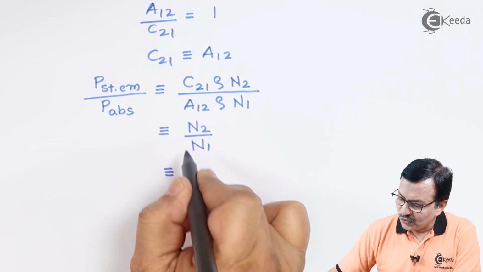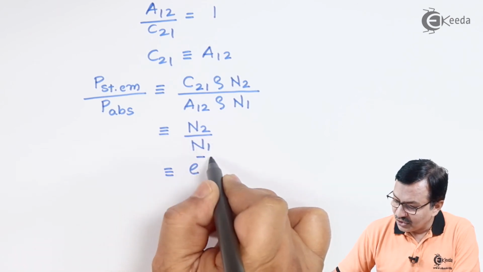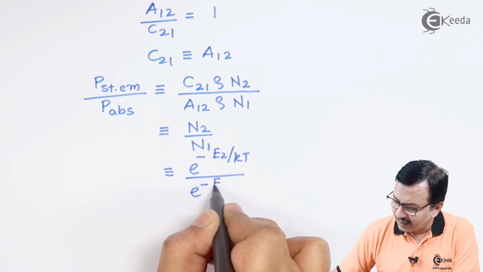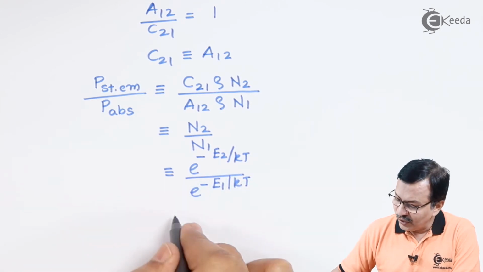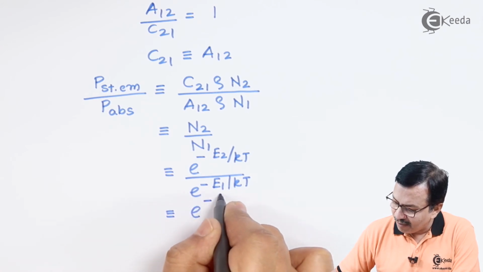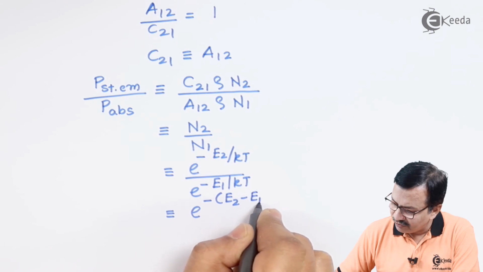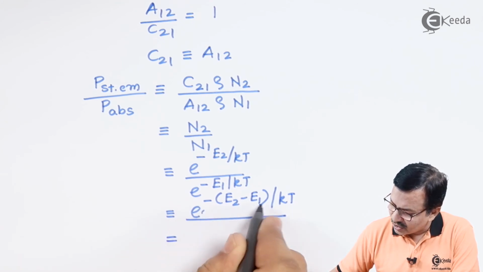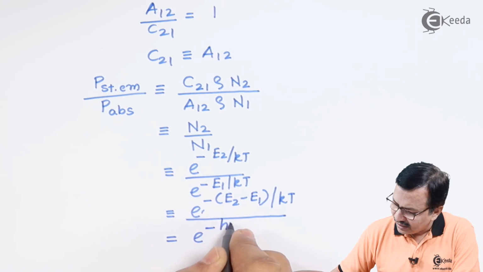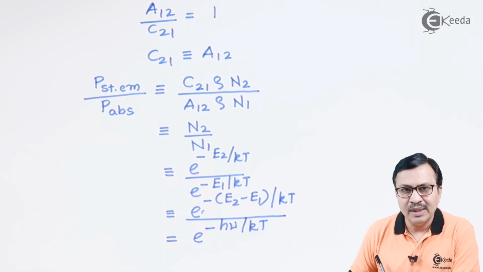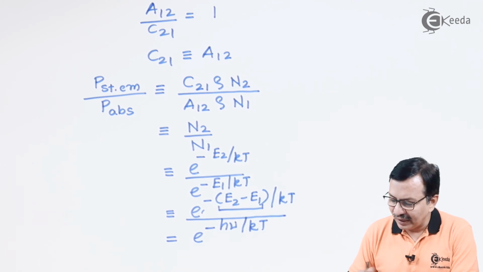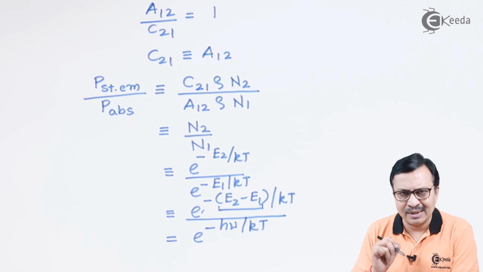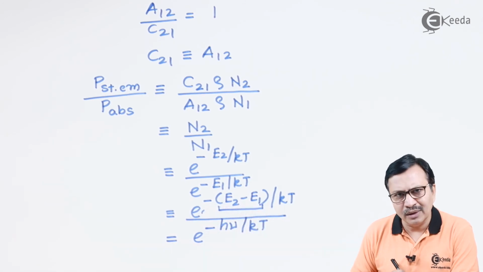Once again, this will work out to e raised to minus E2 upon kT, and the one below will work out to e raised to minus E1 upon kT, which we can simplify to e raised to minus (E2 minus E1) divided by kT, and this entire expression turns out to be e raised to minus h nu upon kT, wherein h nu is nothing but the photon liberated of energy E2 minus E1, because it is making a transition from the E2 level to the E1 level.